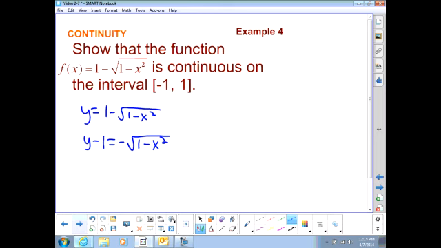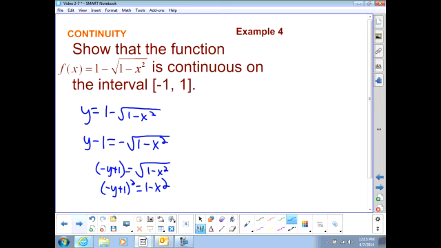Now, if we work to get everything over to one side, we would have negative y plus 1 equals the square root of 1 minus x squared. Square both sides, you've got (negative y plus 1) squared equals 1 minus x squared.